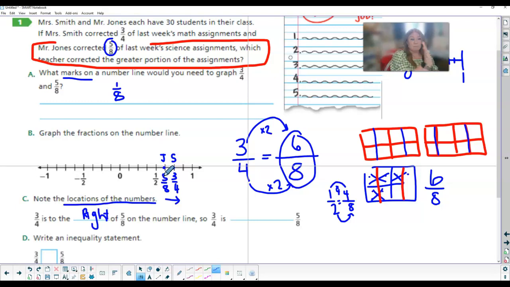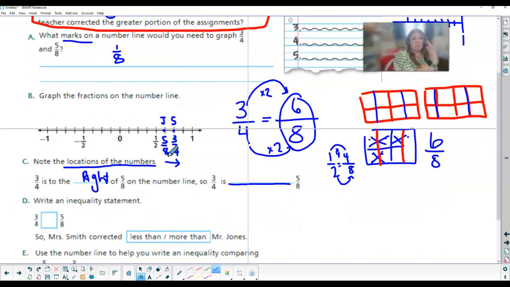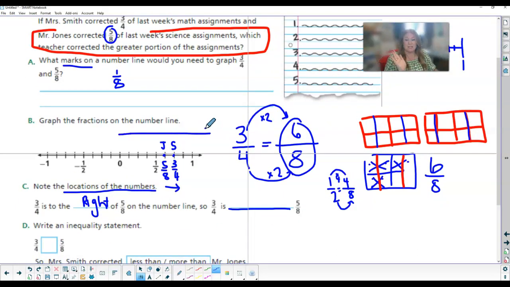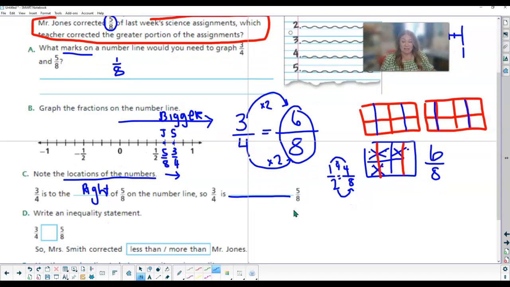So that means it's bigger. So 3/4 is what to 5/8? It's on the bigger side. When we go this direction, we're getting bigger. So the farther right it is, the bigger it is. So 3/4 is bigger than 5/8.